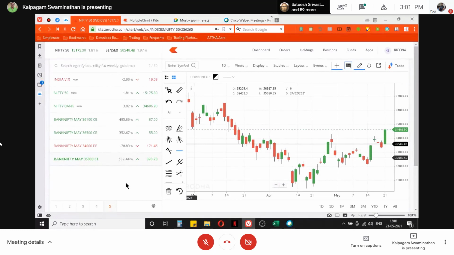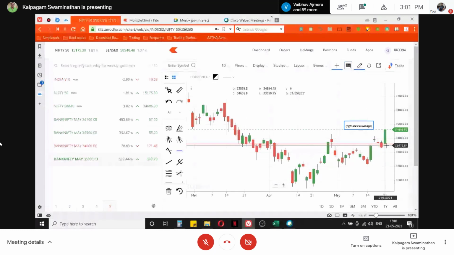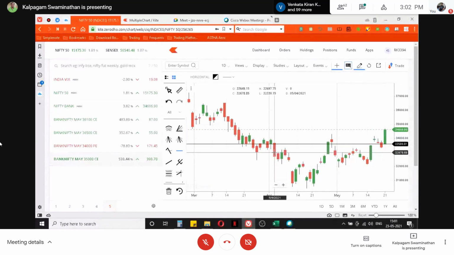I don't like to take a risk of more than, let's say, 60 rupees per option trade. So if I would have entered into this at around 60 or 70 rupees, I would have let the trade run, because my loss can only be that much. In case I'm wrong, I can only lose that much. The rest of the time, I don't look at the chart, I don't look at the intraday movements and get confused.